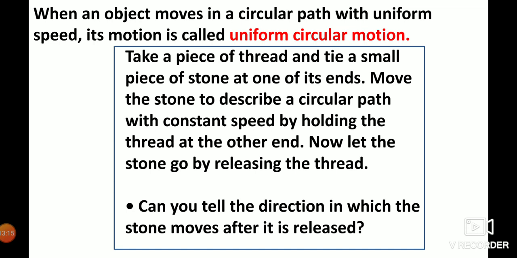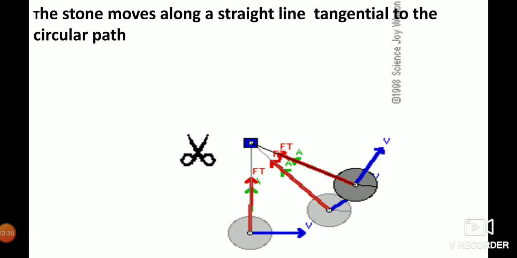This is an activity given in the last page of this chapter in your book. Try it at home, but make sure that you use a light stone or something light, maybe an eraser. Do not use an actual stone, otherwise it may harm your loved ones.